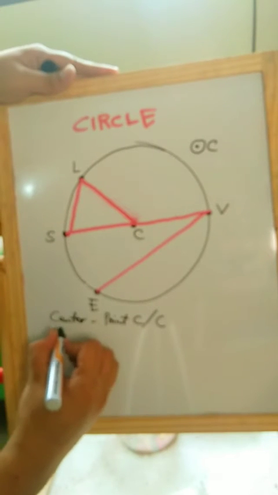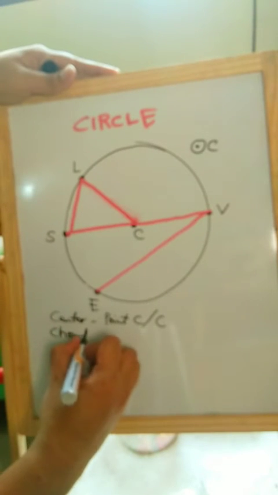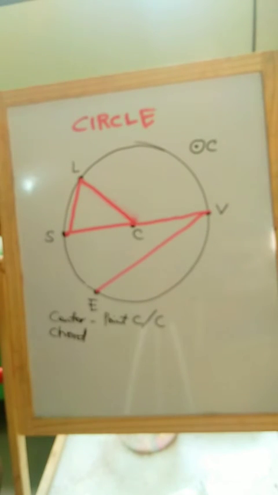Okay? Now, we have what we call the chord. Yan. So, yung chord, parang ano yan, yung sa gitara. Okay, so a chord is defined as a segment whose endpoints are points of a circle. So, in this case, ilan lang ang chords natin dito? We have two.